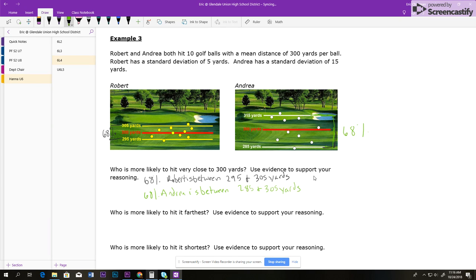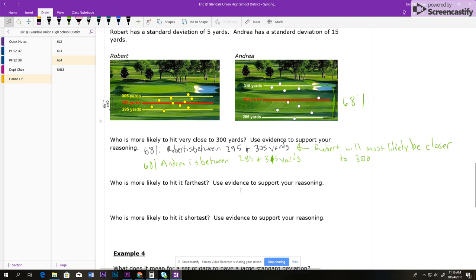Andrea can be 285, which is farther away, and 315, which is further away. He's more reliably close to 300 than she is.